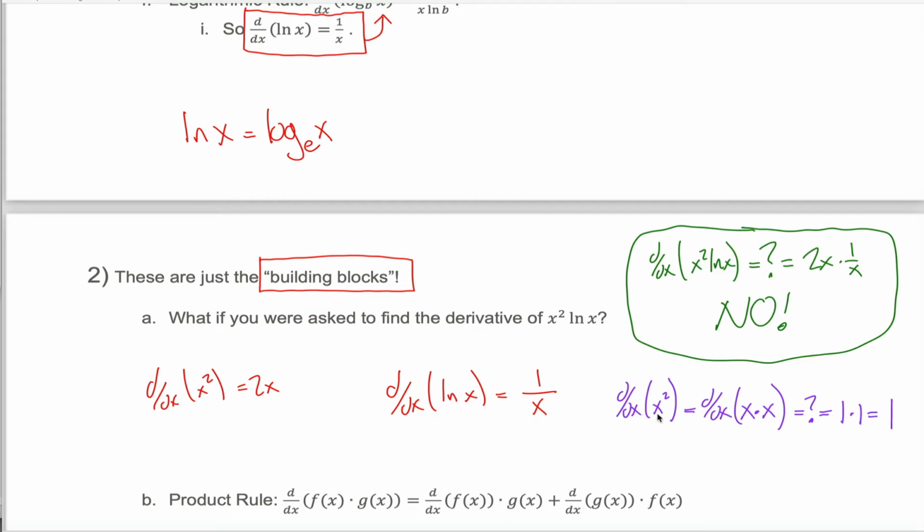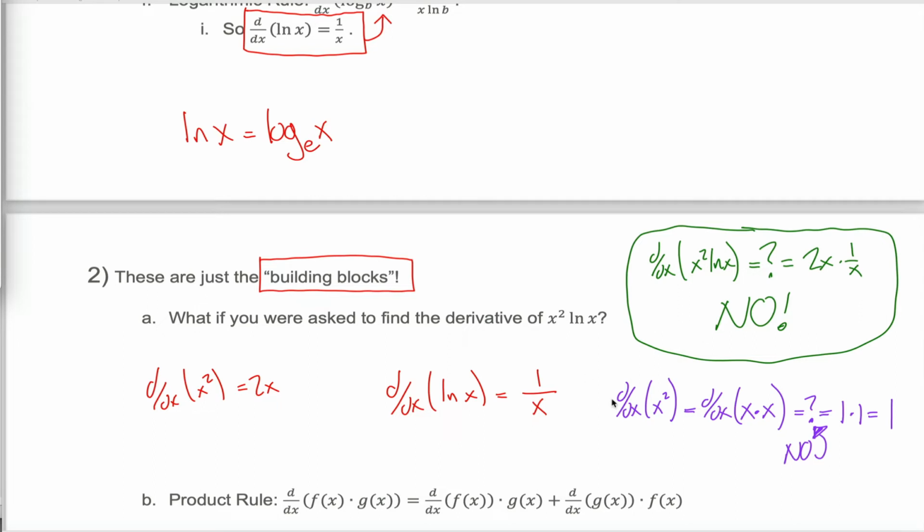Shouldn't the derivative of x squared, by this logic, just be equal to 1? And if you were really paying attention, you'd be like, well, it would be, except that the derivative of a product is not equal to the product of the derivatives. Here's where things fell apart right here. x squared is x times x, but the derivative of x times x is not the derivative of x times the derivative of x.